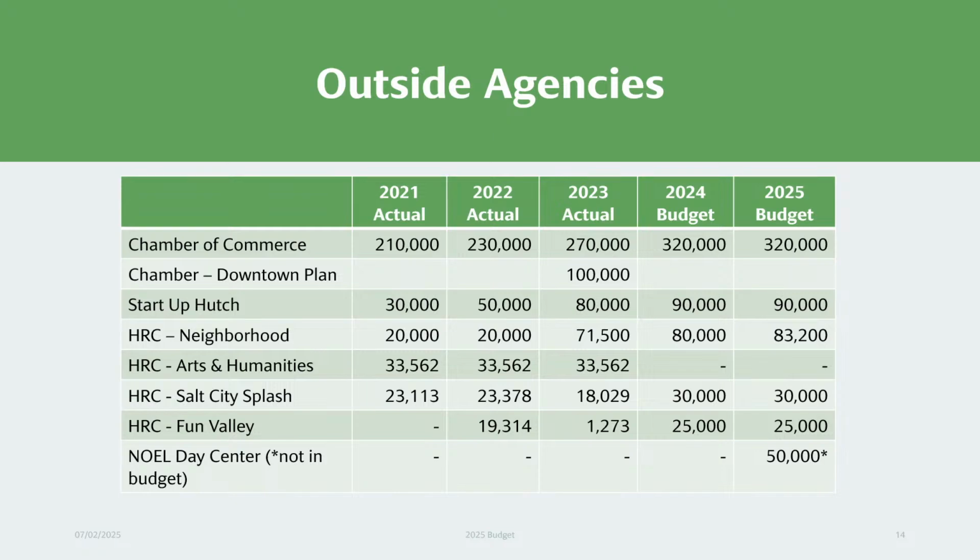Also, as a note in there, we wanted to point out how much we're subsidizing the Salt City Splash and Fun Valley. Those are in the Fun Valley budget and the swimming pool budget. And then also Noel Day Center has requested $50,000 in 2025 for their day center, but I did not include that in the budget.